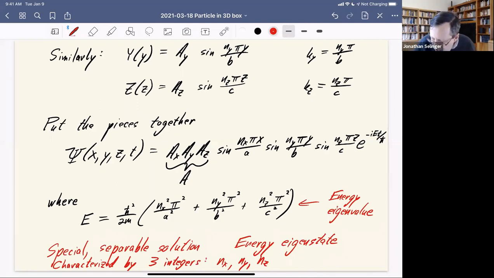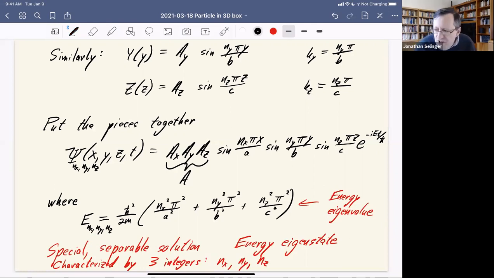So maybe these things should go as subscripts. If we wanted to write a really detailed notation, this is psi sub nx, ny, nz. And this is E sub nx, ny, nz.